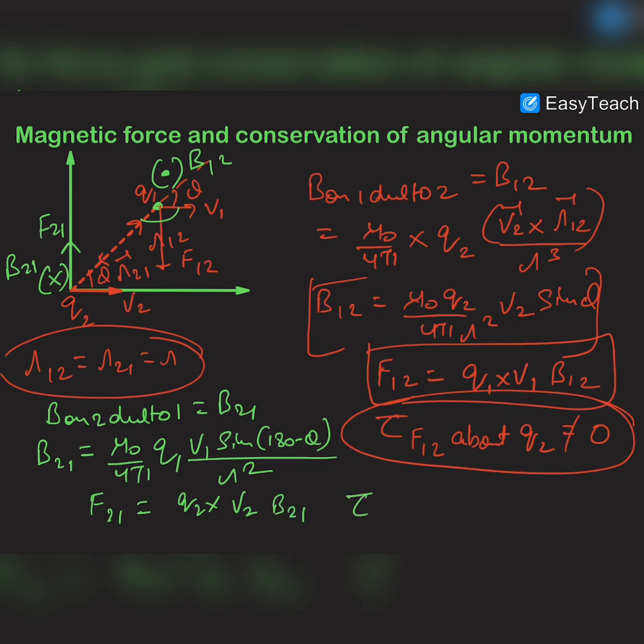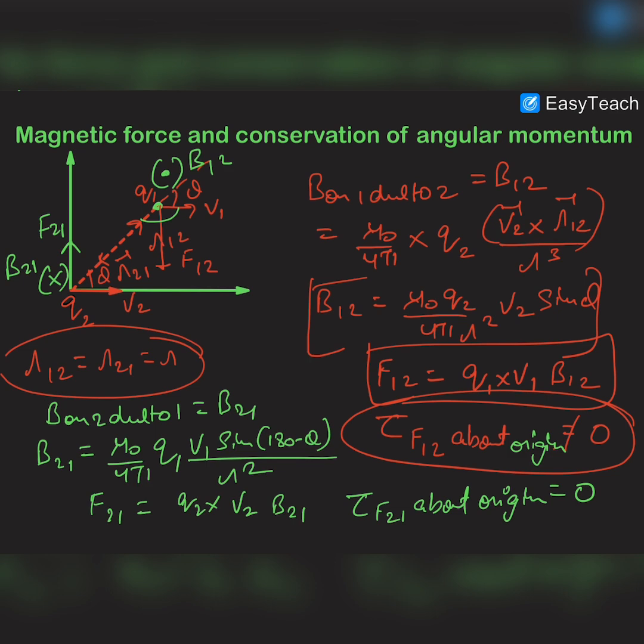Now torque of this force F21 about origin, let us also write it down as the torque about origin. So torque about origin will be 0 because this force is passing through this point.